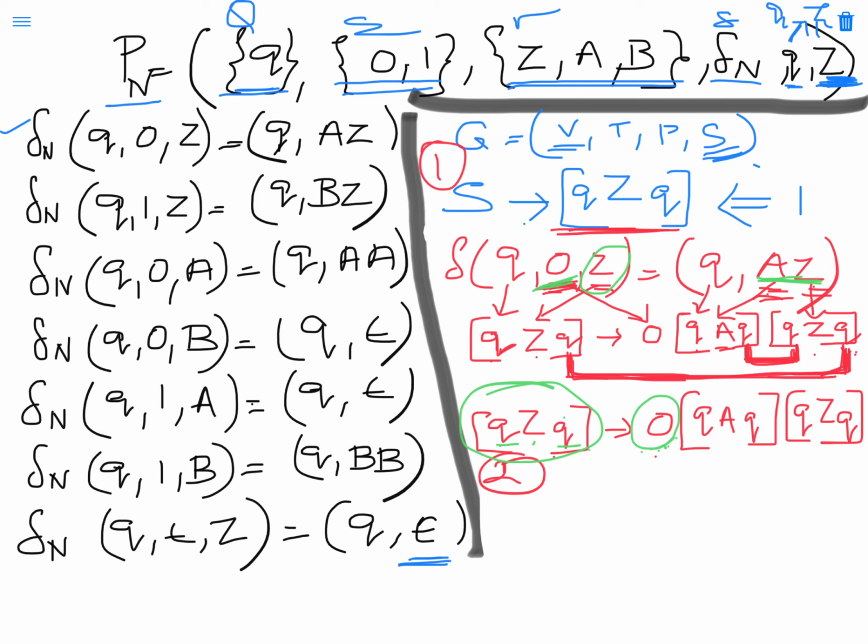In the transition function it is given as A Z. Two stack symbols are given in the right hand side, so the grammar also needs to have two variables in the right hand side, which represent the non-terminals, and those stack symbols will occupy the middle position. Left and right will have the state names. So we can once more see the same thing with the help of the second function. We can try to implement the second function. So how can it be written?